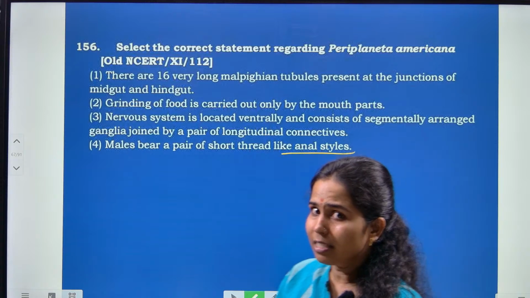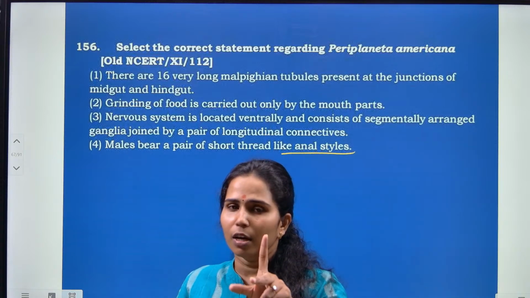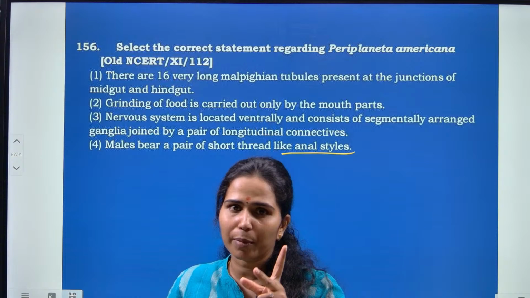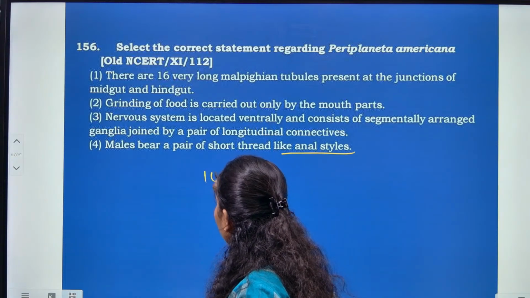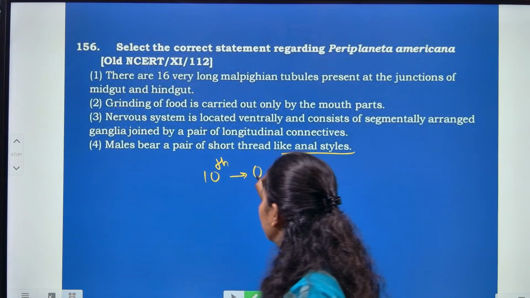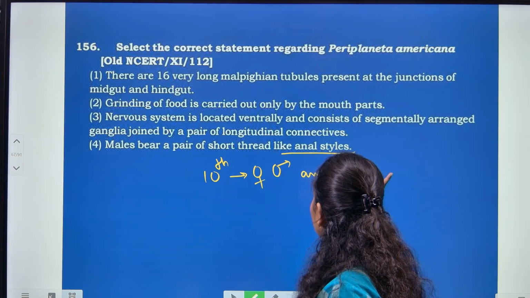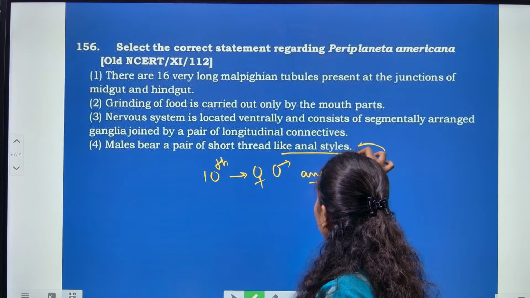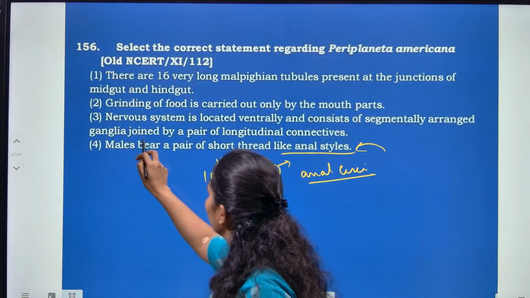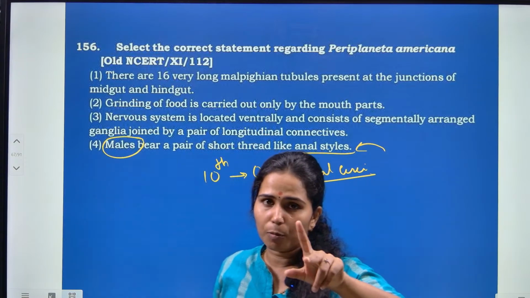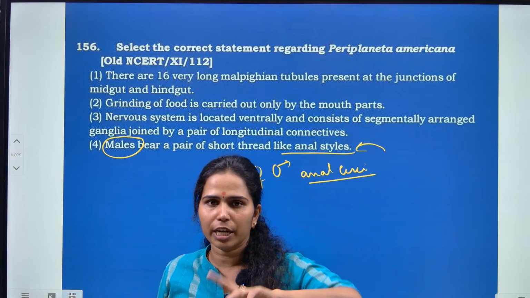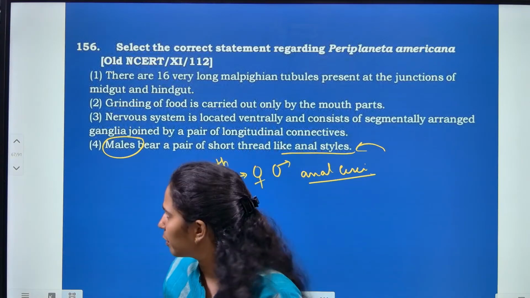There are anal cirri which are present in both the male and the female cockroach on the 10th segment. On the 10th segment of both female and male, they have the anal cirri here, but the anal styles are present only in what? Only in the males. That's why, based upon these anal styles, we differentiate the male cockroach from the female cockroach here.